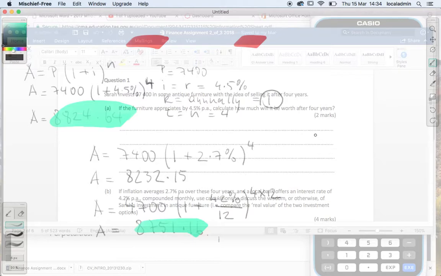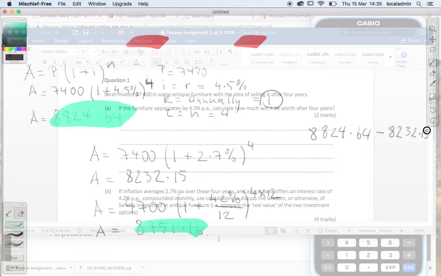Okay, so what we are going to do is take what we have gotten for our furniture sale 4 years later, and we take away the inflation value, because the inflation value is what we would have to pay now to get that piece of furniture.